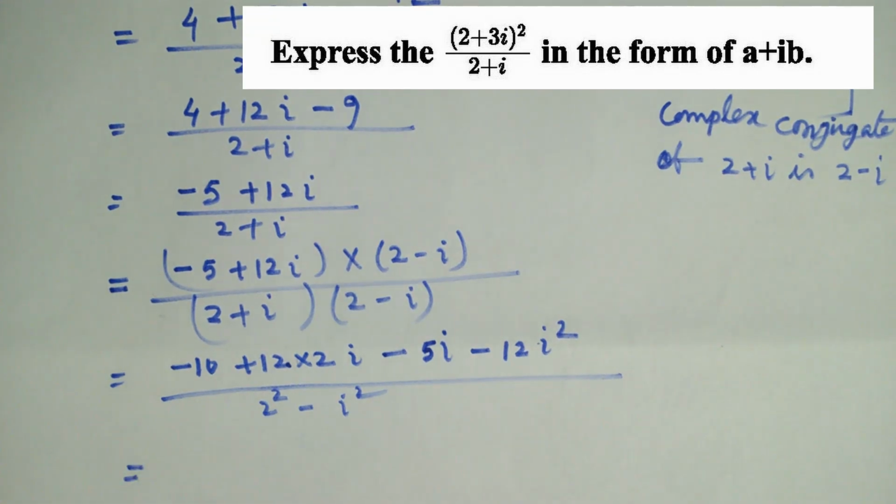Now again simplify this. See, i square is equal to minus 1.